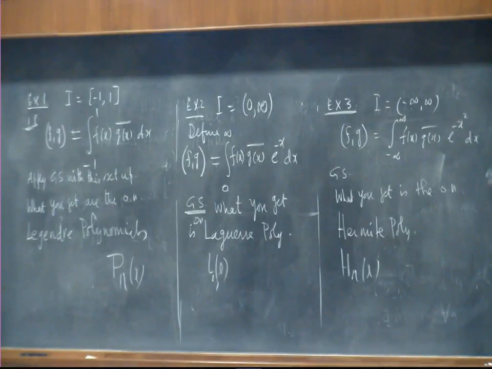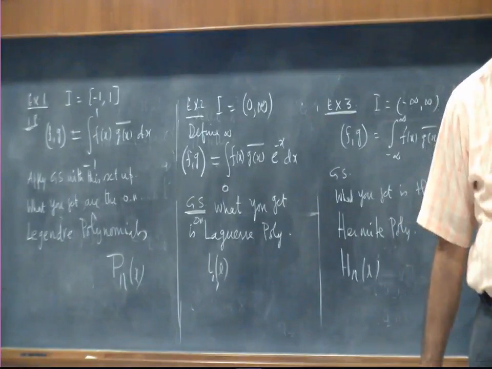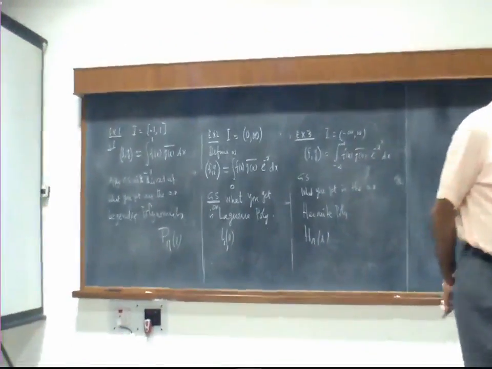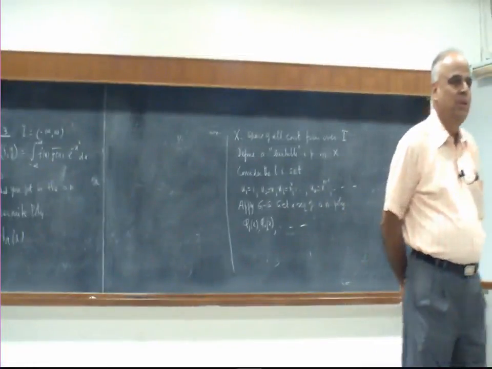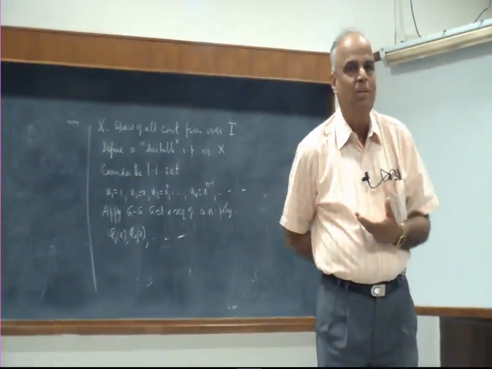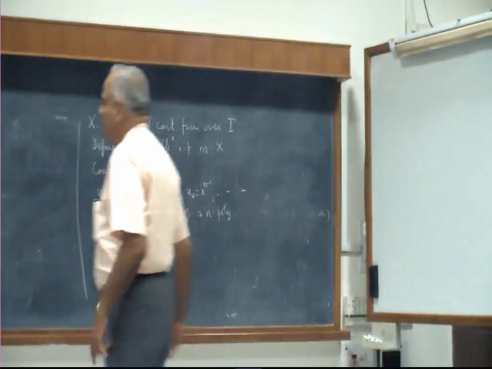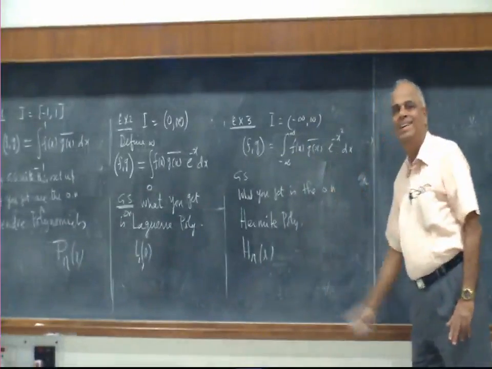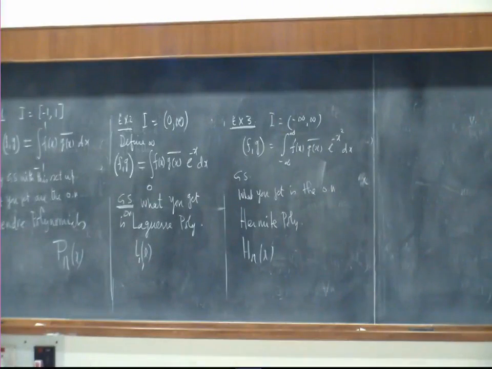Then I can apply Gram-Schmidt and I will get the orthogonal polynomials. So, start with any probability density function on any interval which has all moments finite and apply Gram-Schmidt, and you will get a set of orthonormal polynomials. I can have many orthonormal polynomials by tweaking this. So, there is no end to this.